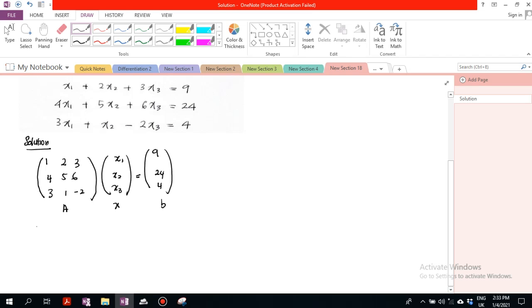So what we need to do, we need to find the determinant of this.